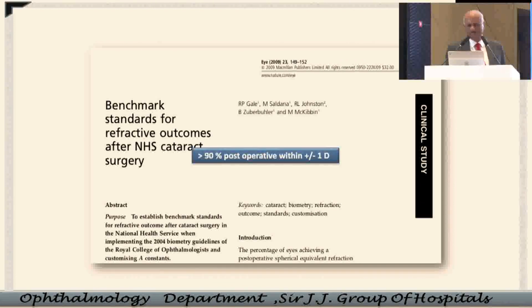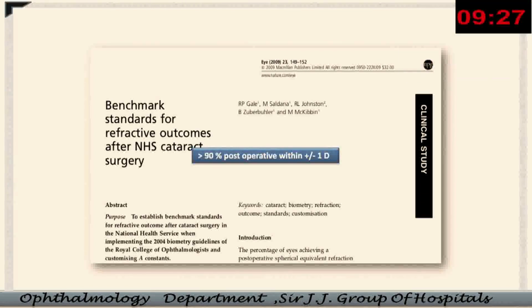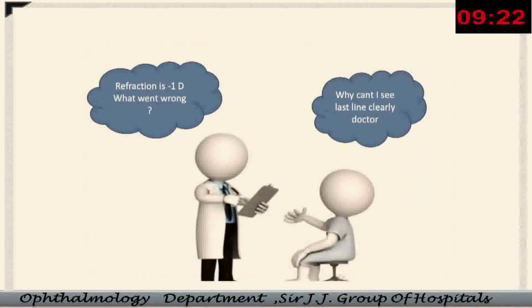This benchmark was decided by the National Health Services in 2004, and the benchmark is more than 90% post-operative within plus or minus 1 diopter. This is the benchmark till today, not changed.